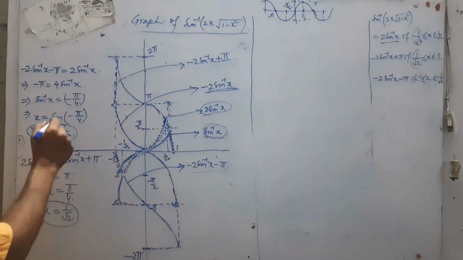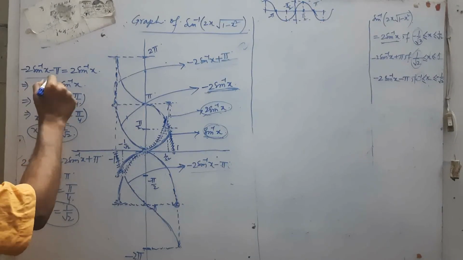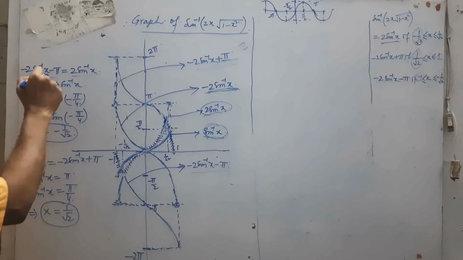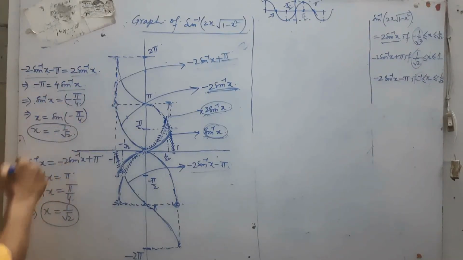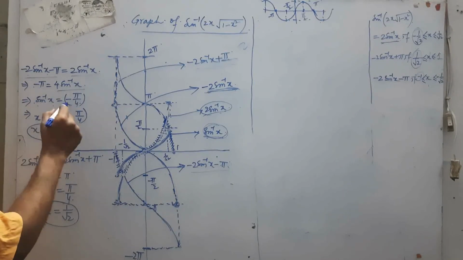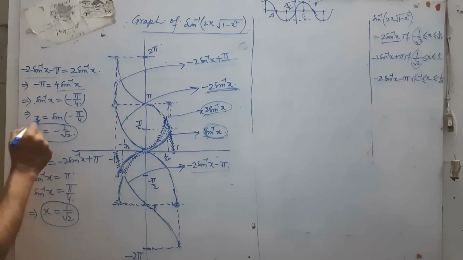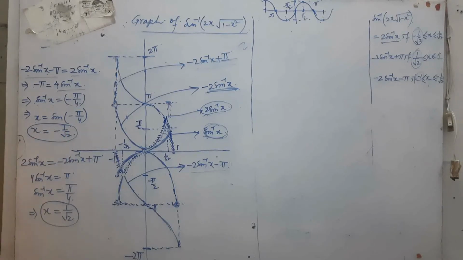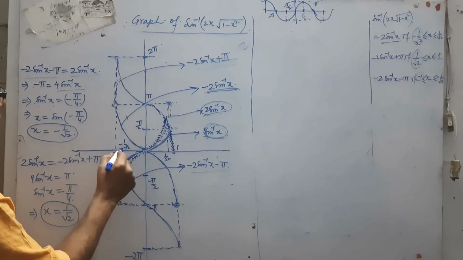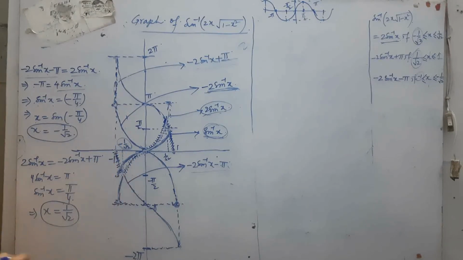That is what I have explained over here. Minus 2 sin inverse x minus pi is equal to 2 sin inverse x. This minus 2 sin inverse x goes that side, so that it becomes 4 sin inverse x. So simply sin inverse x will be nothing but minus pi by 4, and so x is equal to minus 1 by root 2. That means this point of intersection will be represented over here as minus 1 by root 2.